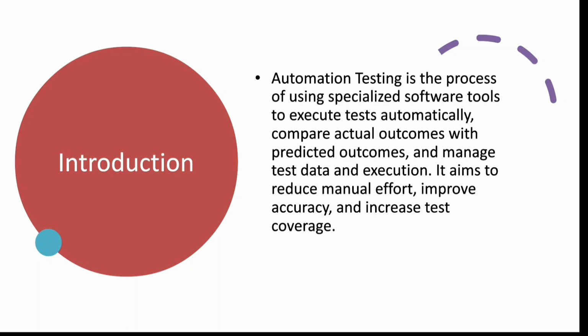We can also check the automation report, compare actual and predicted outcomes, and manage test data and execution. It reduces manual effort, improves accuracy, and increases testing coverage. So in a simple nutshell way, this is the concept of automation.